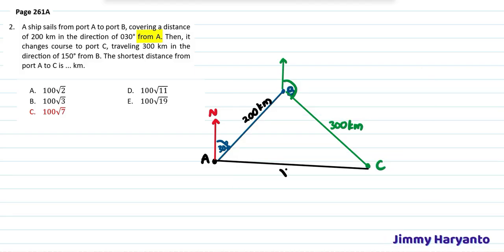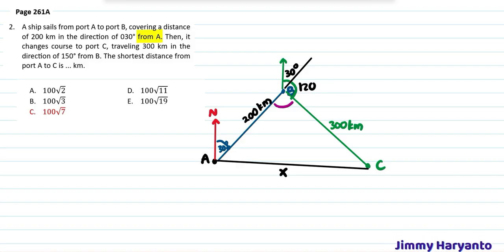This one. Okay, but before we calculate the x, we have to find the measurement of this angle. To find the measurement of this angle, you have to know that this one is 150, and then the idea is you have to extend this line, because when you extend it, you will know that this one is 30. And because this big is 150, that means we can find this one by 150 minus 30 equals to 120.